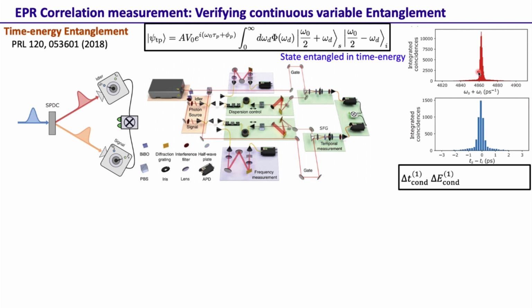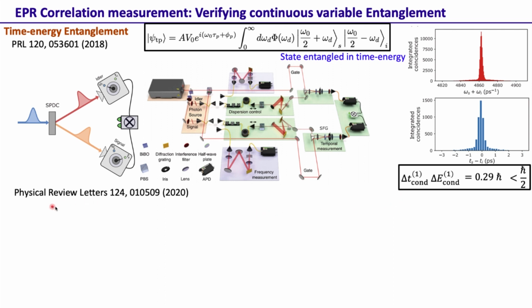When we multiply these two, the conditional uncertainty in the arrival time and the conditional uncertainty in the energy, that is, the frequency multiplied by h bar, this is 0.29 h bar. Again, this is less than h bar by 2, so this proves the entanglement in time and energy. Again, it doesn't quantify, but it does prove the entanglement in time and energy.